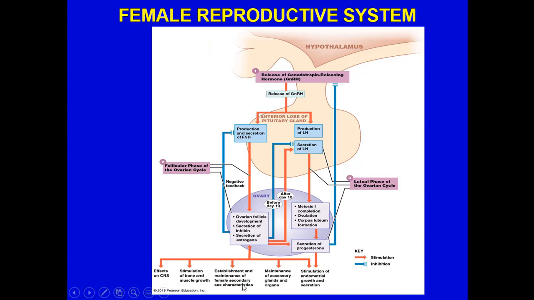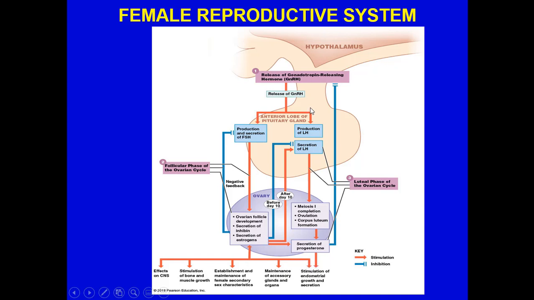Now, note down here also that you have a variety of physiological effects on the CNS, bone and muscle growth and development, establishment and maintenance of female secondary sex characteristics, maintenance of accessory glands and organs, and the stimulation of endometrial growth and secretion. This is all being influenced by estrogens.